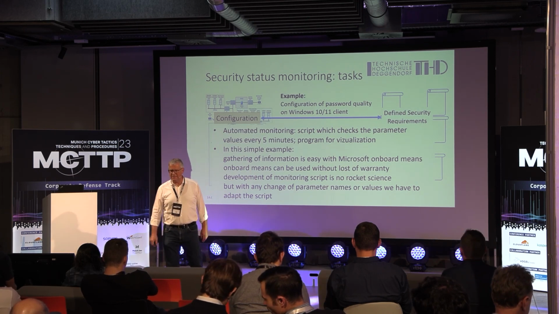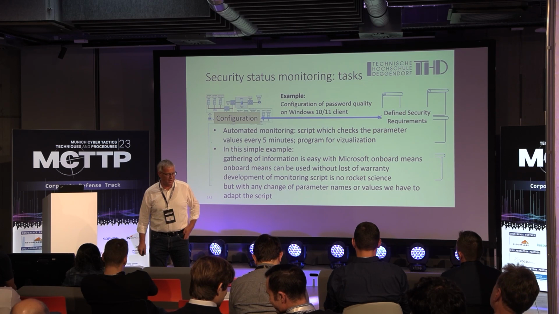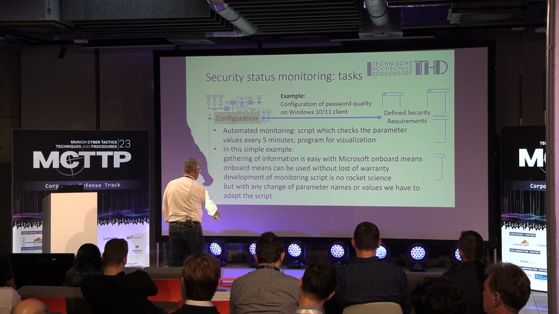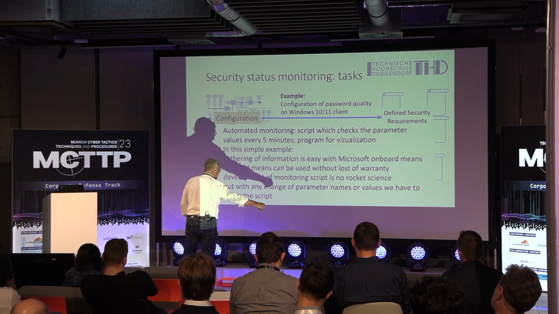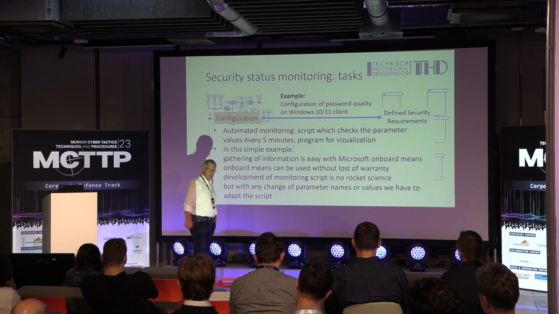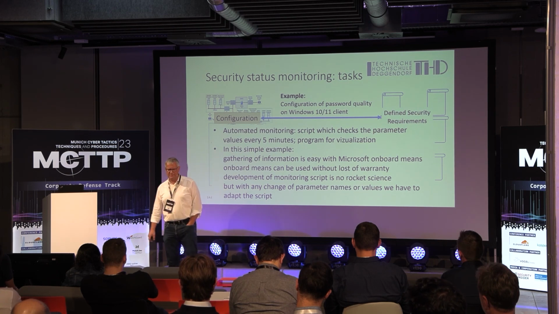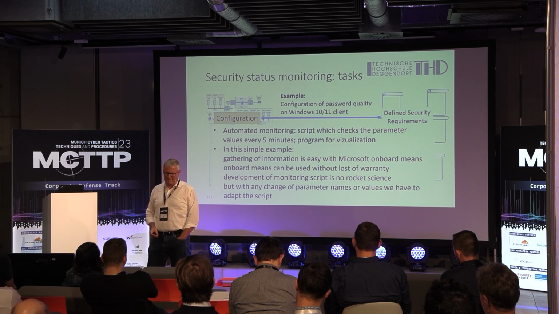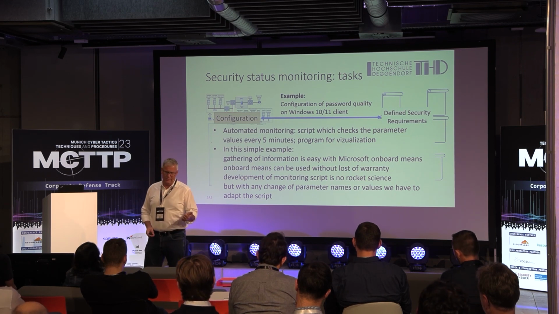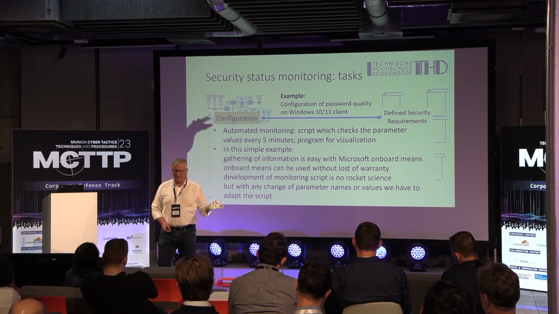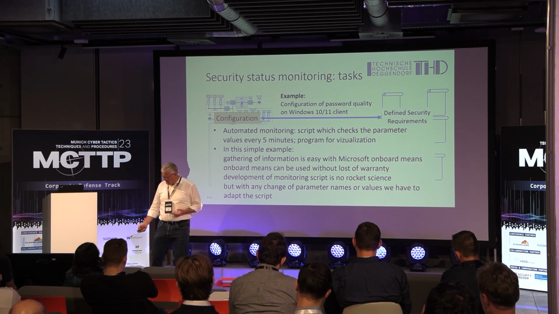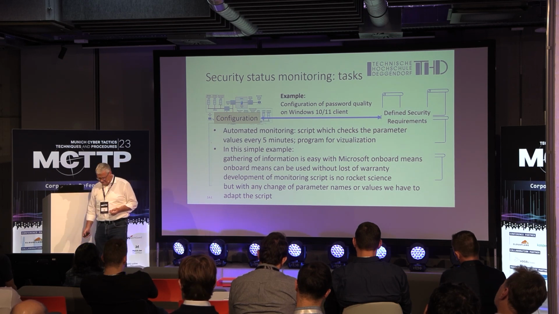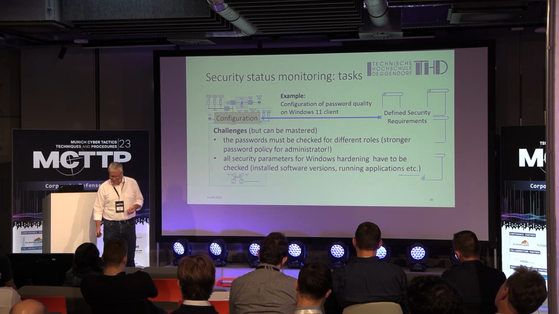That is only running through all the parameters and looking is the right value set. But with any change of parameter names or values, we have to adapt the script. So a maintenance. And it could be that we have different parameters, different values for Windows 10, Windows 11, and so on. That is the challenge here, that we have to address all the components. Okay, challenge, but can be mastered.